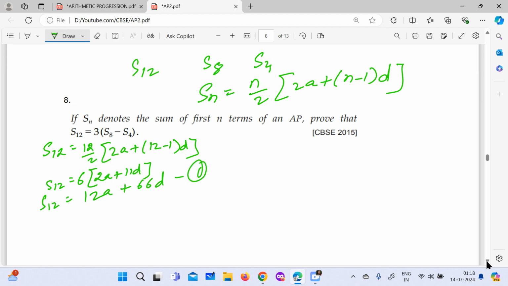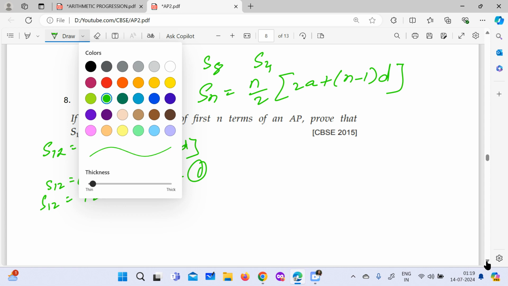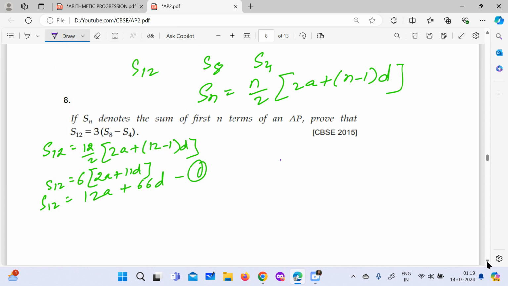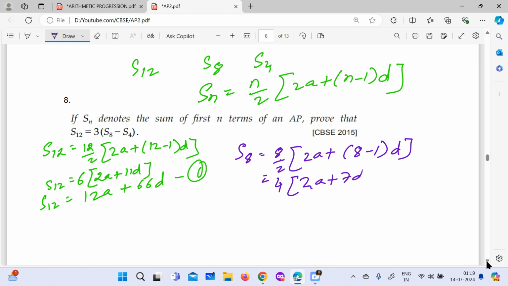So this we got as one equation. Now we can work on the value of S8, the sum of first 8 terms. S8 is equal to 8 over 2, 2a plus (8 minus 1) times d. So you have 4 times (2a plus 7d). This can be written as S8 equals 8a plus 28d.